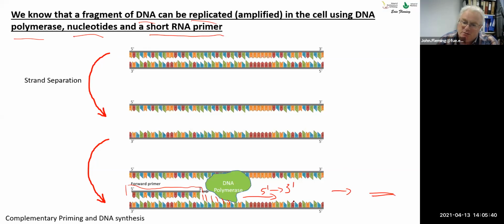Okay, so this will create the double-stranded DNA, and also there will be another strand here. So the process associated with replication is that there is separation of the 2 strands, there's complementary priming, and then DNA synthesis. So this is what happens all the time when cells divide.